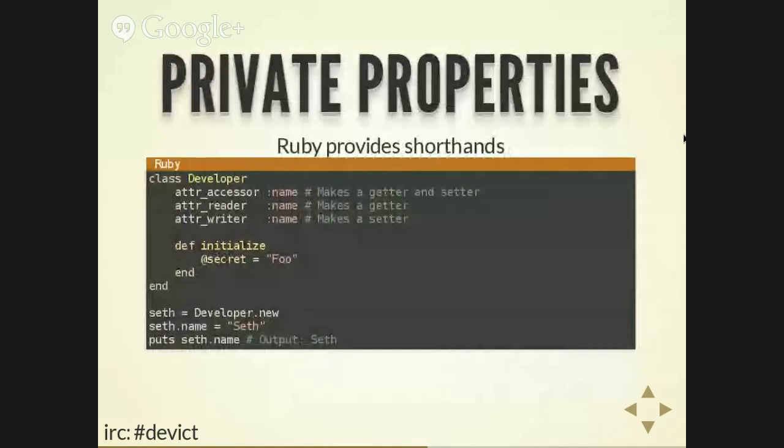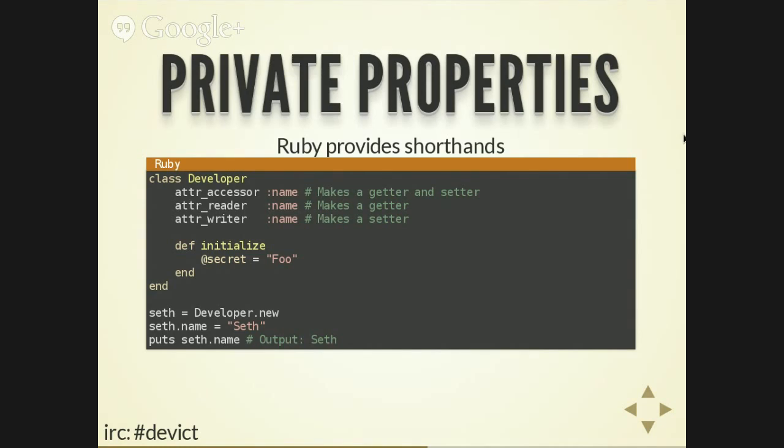Now, like I said before, Ruby really likes short syntax, and has a lot of syntax sugar and convenience. So where previously we would write a get name and a set name function, this attribute accessor, I think it's a function really, not a keyword, does it for us.